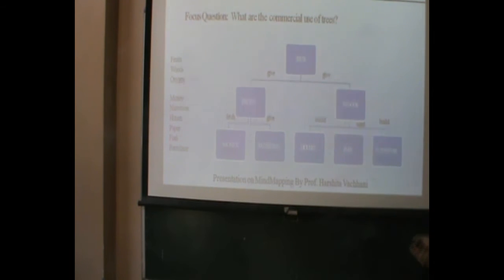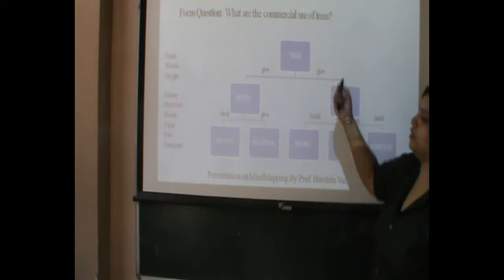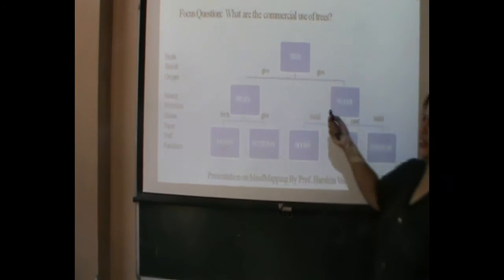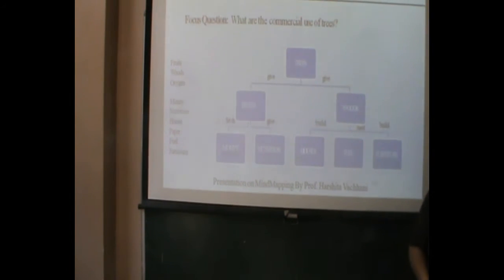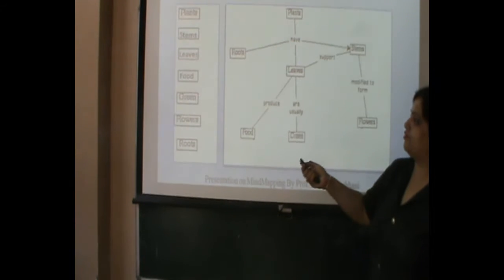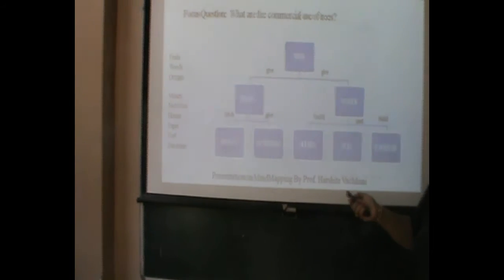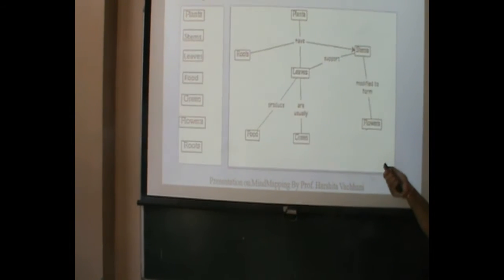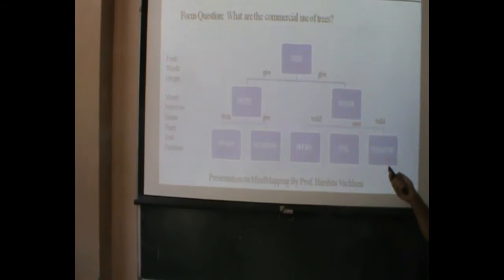If you see, like how we do is trees. Now, what are the commercial uses of trees? If I give you a question, what are the commercial uses of trees, and I ask you to draw a pictorial diagram, what you will say is, trees give fruits.